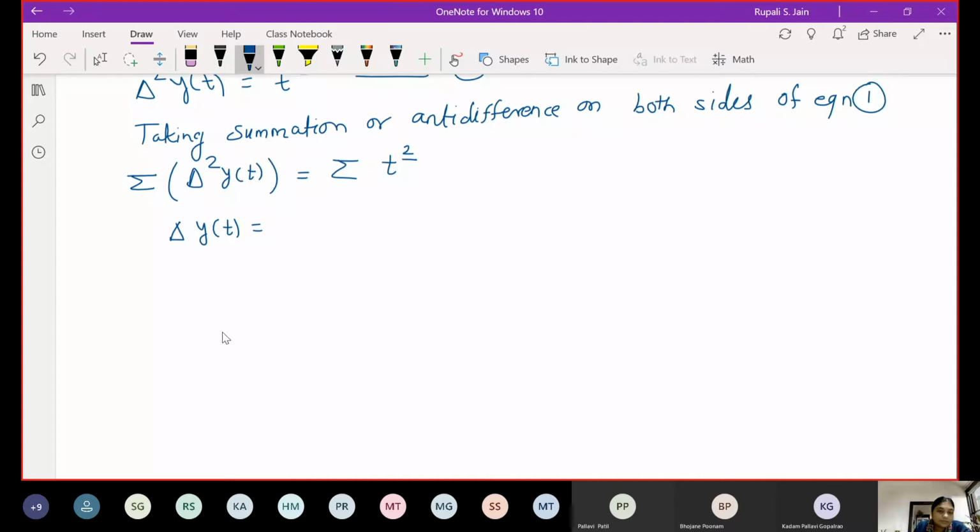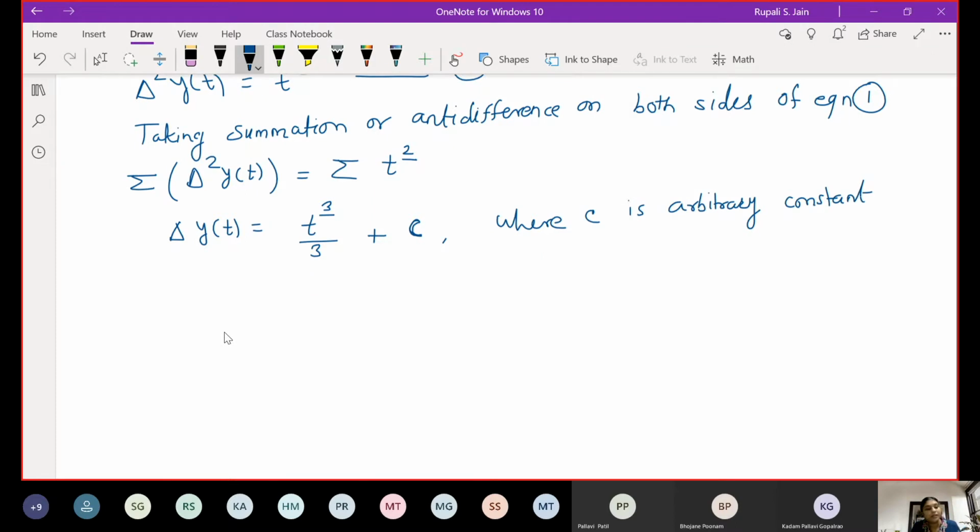By our formula, summation t to the a falling is t to the a plus 1 falling divided by a plus 1, so it will be t to the 3 falling divided by 3, plus C, where C is an arbitrary constant.